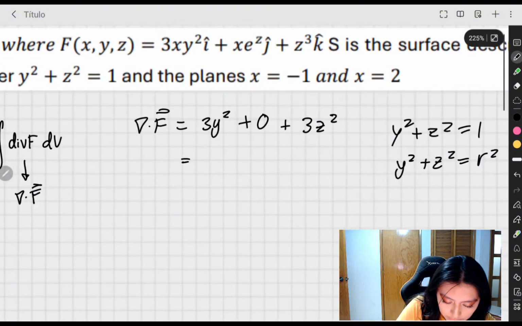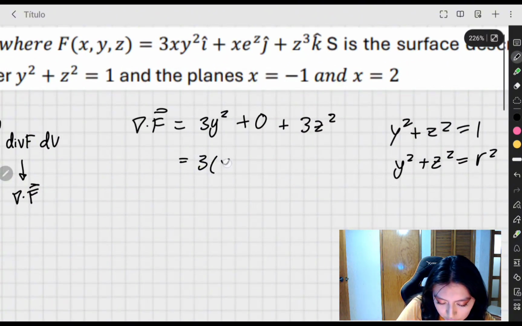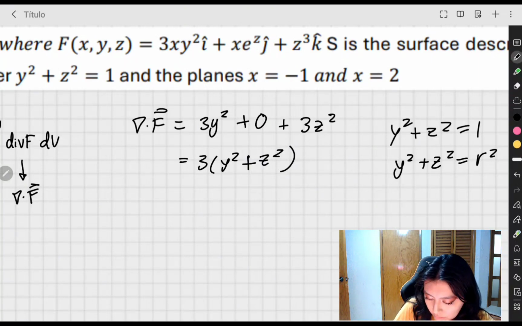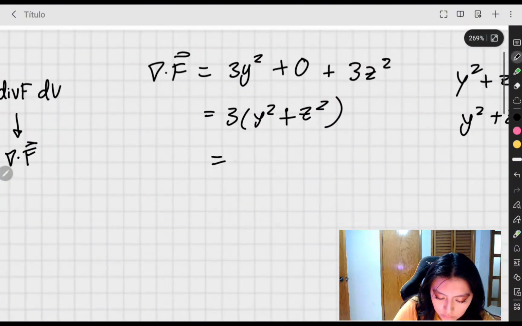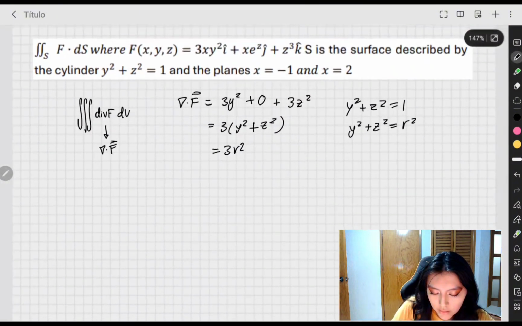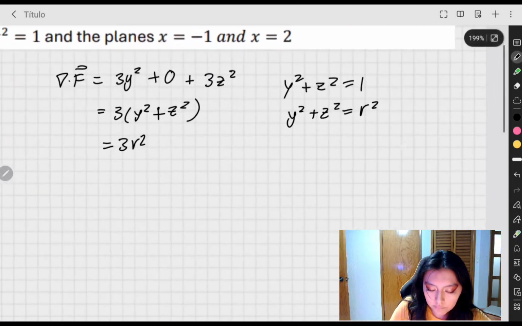And here we can factorize the 3, and since we already stated that this equals r squared, we just write 3 times r squared, and then we have to define our limits for our integral.